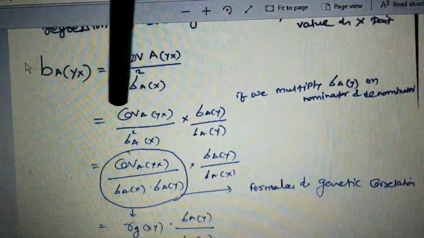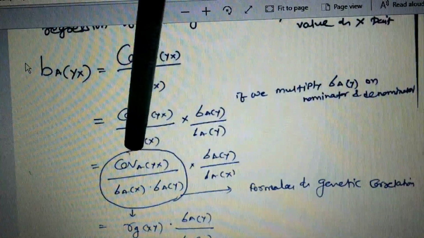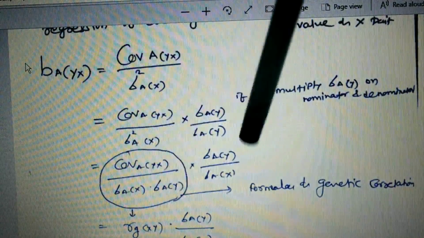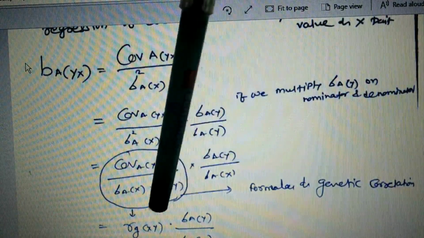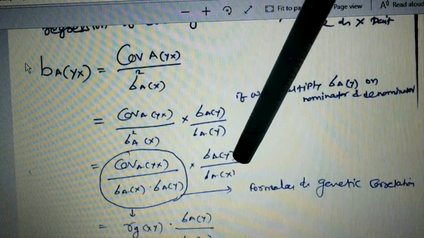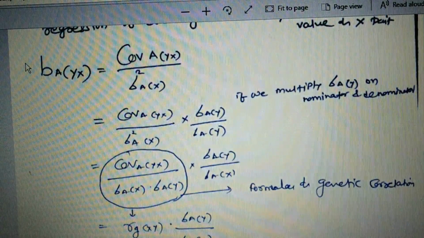Now this covariance A Yx involves the deviation of Ax and the deviation of Ay, the deviations of the breeding values for the Y trait and the X trait.